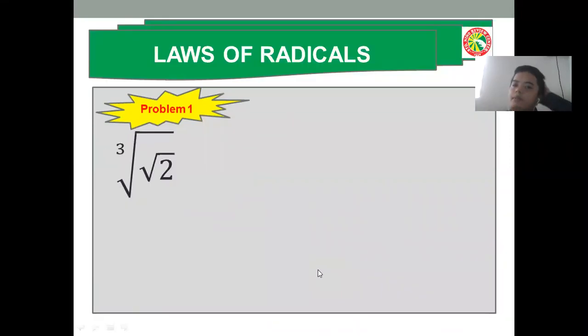So for example, problem number 1. What is the cube root of the square root of 2? This is the square root of 2, but it is being cube rooted. What is the cube root of the square root of 2? Therefore, you simply multiply its indexes.